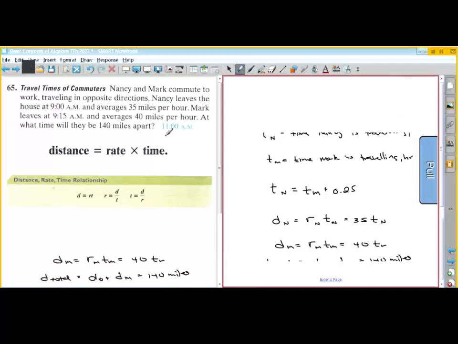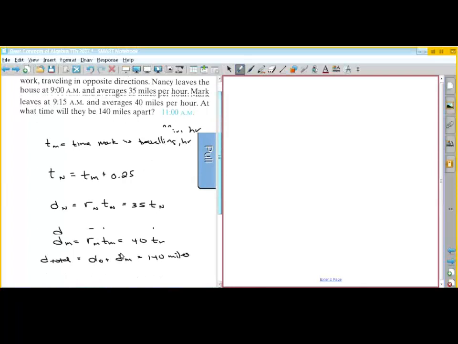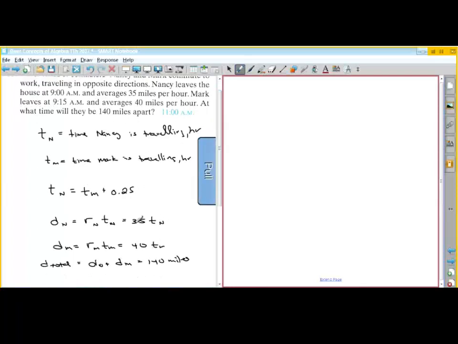So what we could do is rewrite this equation, but substitute in those variables. What you'd end up with is the distance Nancy travels is 35 times the time that Nancy travels. The distance that Mark travels is the speed he travels times the time Mark travels, and that has to equal 140.